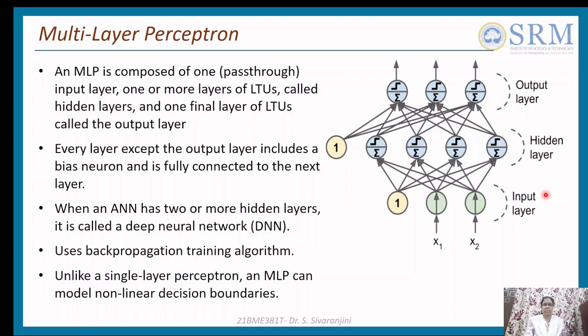You will see what the backpropagation algorithm is in the coming slides. On the whole, unlike a single perceptron, an MLP can model non-linear decision boundaries. It is not necessary that it should be a linear decision boundary; it can be a non-linear decision boundary. That is where your XOR problem can be solved with a multi-layer perceptron, but it cannot be solved with a perceptron.